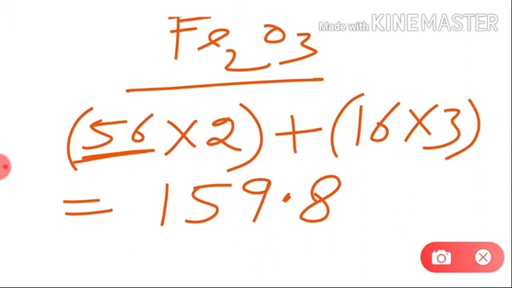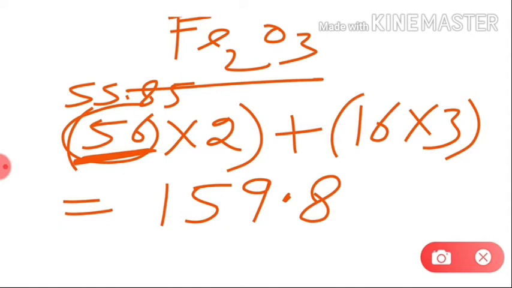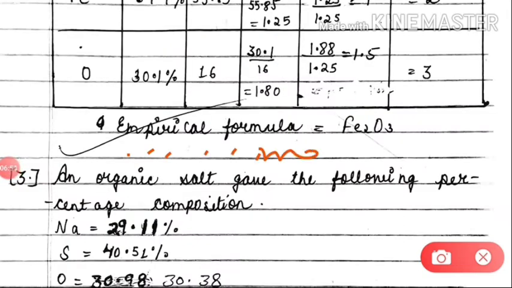Actually, here we have taken the whole number. The exact atomic mass of iron is 55.85, but since we have taken approximately 56, there may be a little difference in this 159.8. So this is the empirical formula mass.